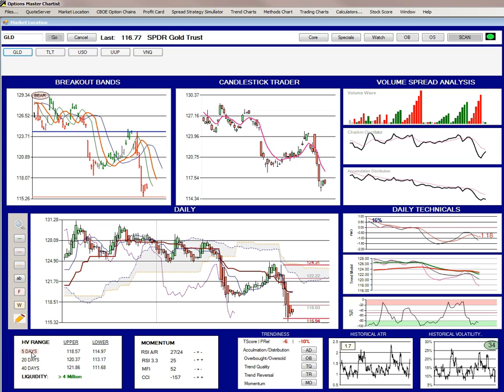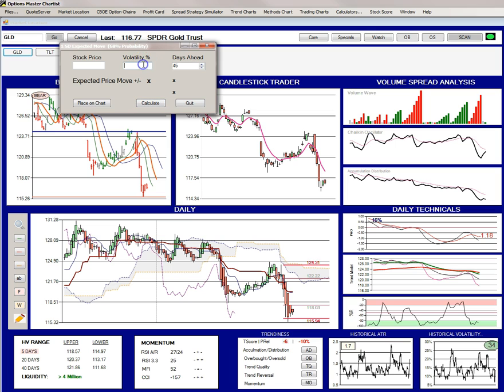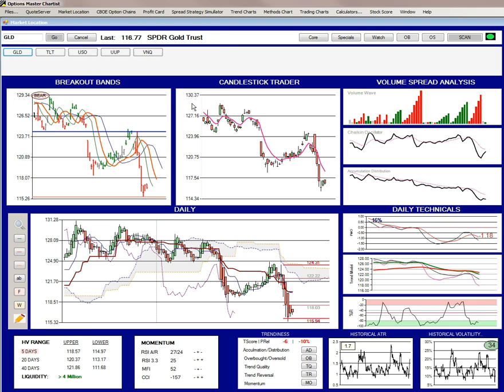We also have this that appears automatically: the historical volatility range and the statistically expected move, one standard deviation, in these different time periods. If you don't want to use historical volatility, you could include implied volatility from the options chains to get a different projection for a different time frame if you wanted to. But this is basically where we start from.